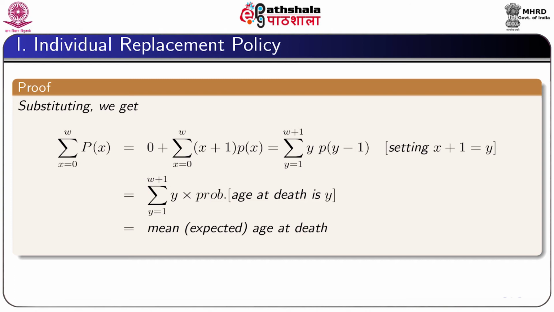This can be written as summation y equal to 1 to w plus 1 of y into the probability that age at death is y, so p y minus 1 equals the probability that age at death is y. That means this is the expected age at death. Thus, we proved this theorem.